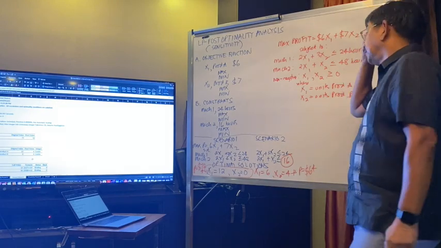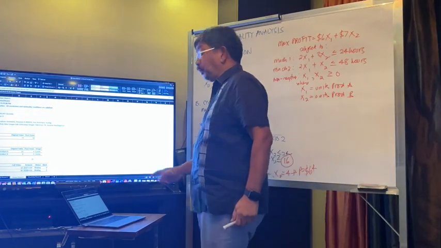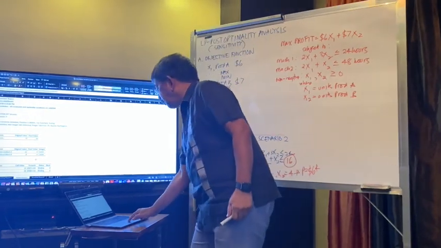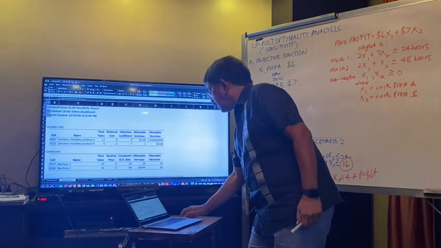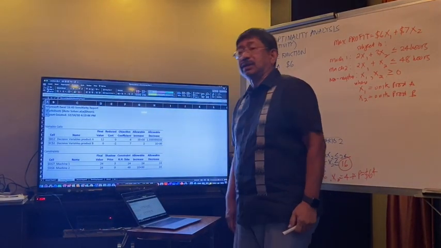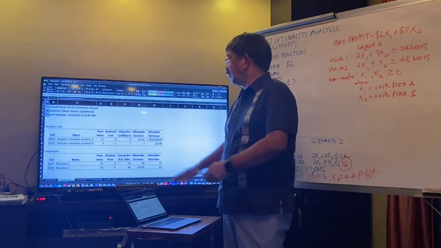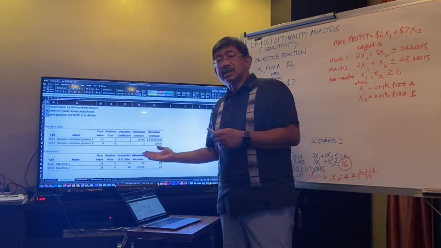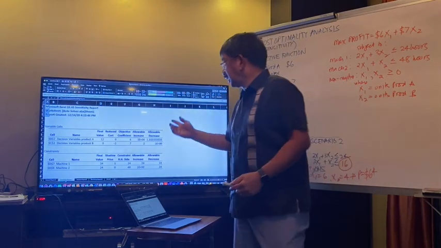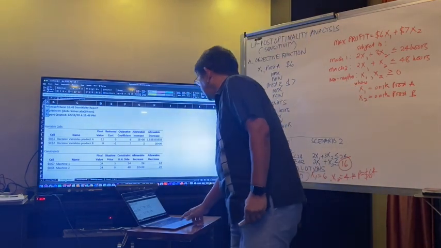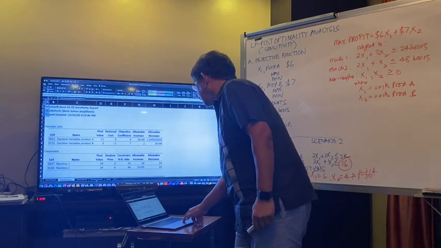Now let me go to the post-optimality analysis, and we're going to use the sensitivity report. You have to generate the sensitivity report, and now I will use this for post-optimality analysis. This is for scenario 1, and for scenario 2, it's this.